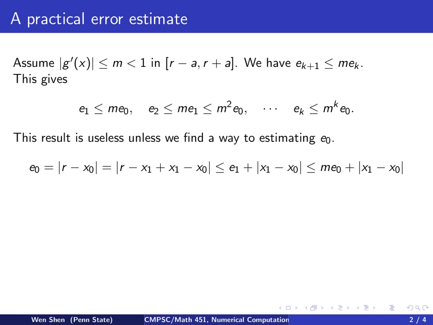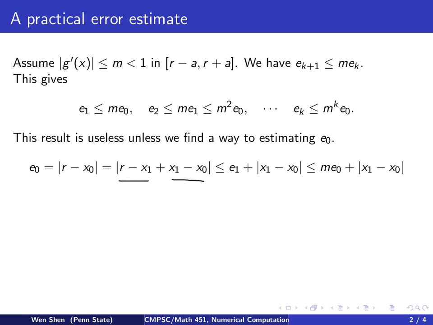And then we group the first two and the last two, and by triangle inequality, this will be less than or equal to the absolute value of each and sum up. We also notice that the first one is exactly e1. So it's less than e1 plus x1 minus x0 in absolute value.